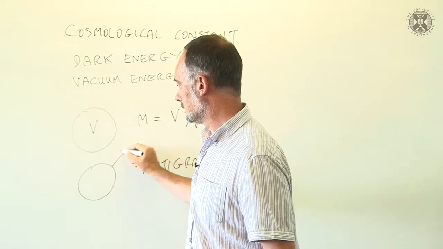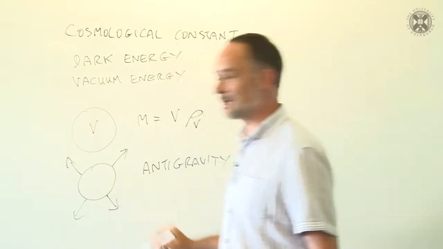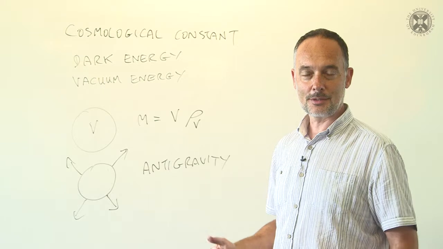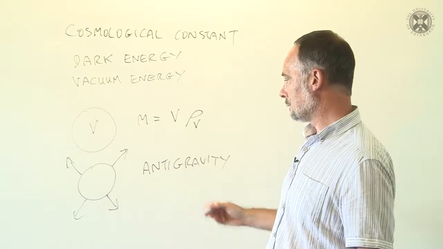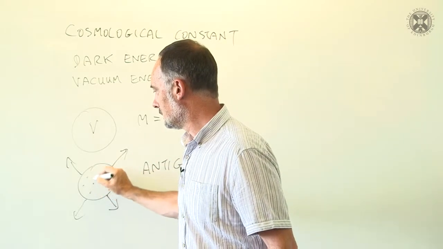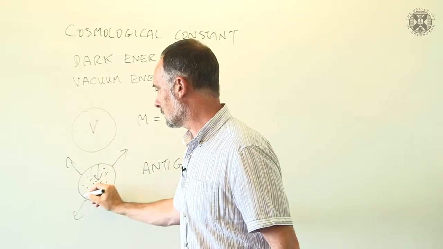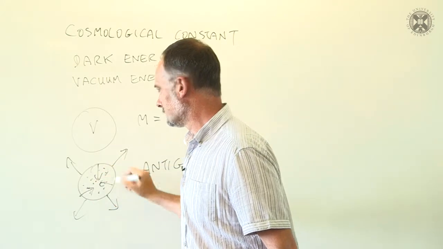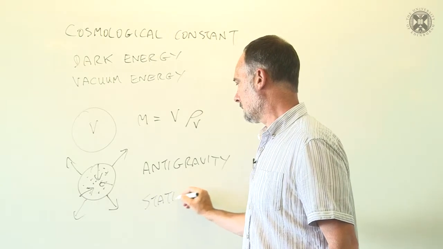That is, the effective mass inside the empty space would tend, rather than attracting material around it, to push it away. So he could obtain a static universe by balancing this repulsion with the inward attraction due to the matter inside.